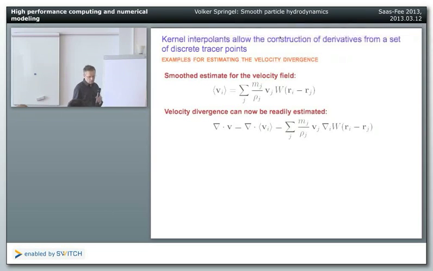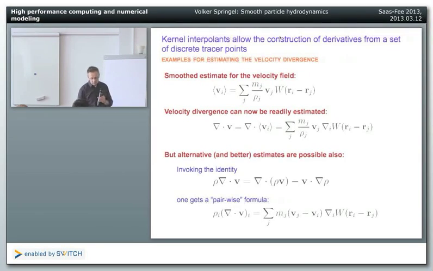Again, with the kernel interpolant formula, you would do it like this. But there are often multiple ways to estimate such quantities. For example, instead of using this discrete formula for the velocity divergence, you could first invoke the identity, this simple product rule identity for the combination of density and velocity.